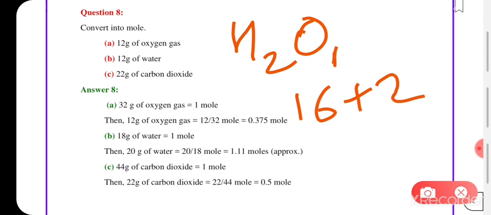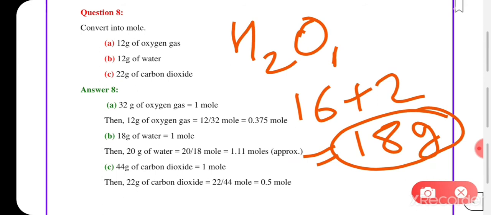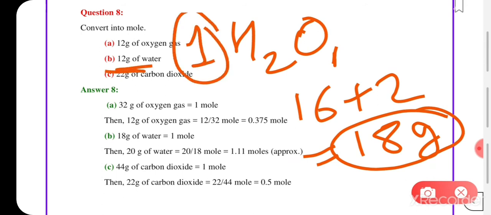For each hydrogen it is 1 atomic mass unit. So 16 plus 2 becomes 18, right? So 18 grams is equal to 1 mole of H2O. Therefore 12 grams will be equal to how many moles? Here in the question for water it is 12 written, but here while solving it is taken as 20.